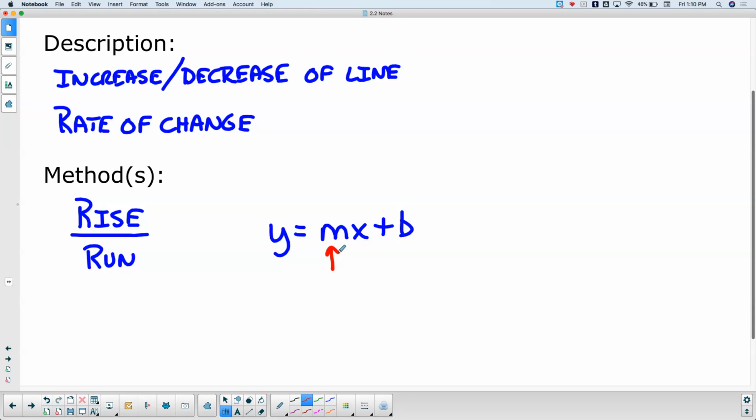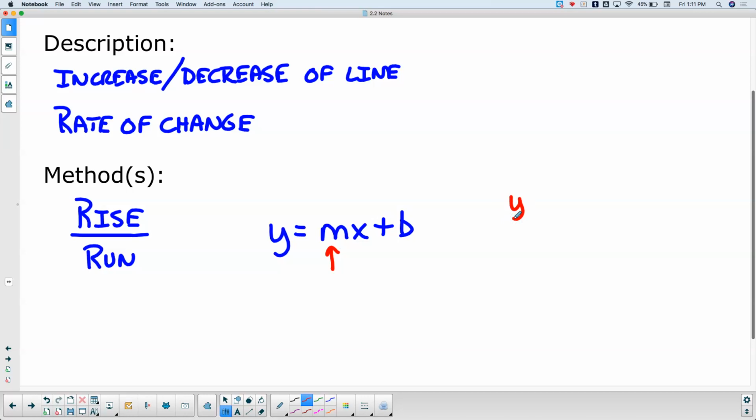For method, can you do the x2 minus x1 and then y2 minus y1? You could, but you would be wrong if you did it in that way. You want to tweak that a little bit? Flip it around. Yeah, y's over x's. Yep.